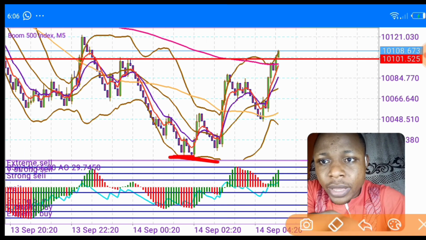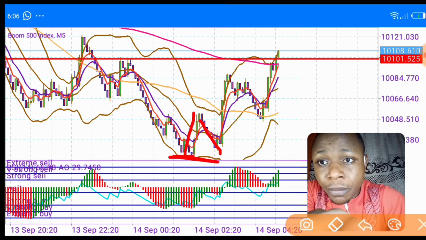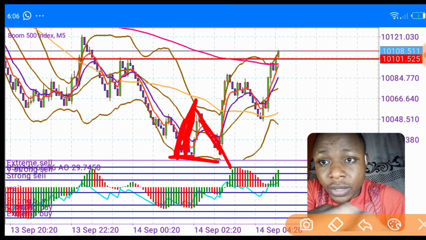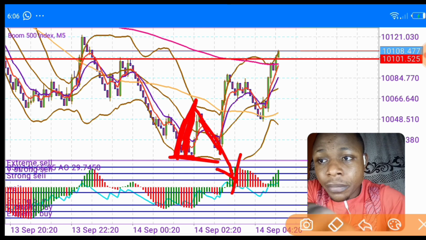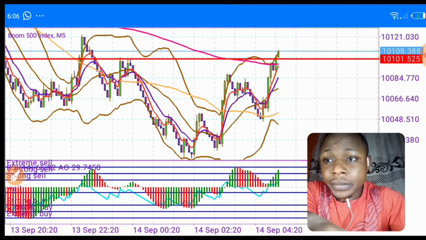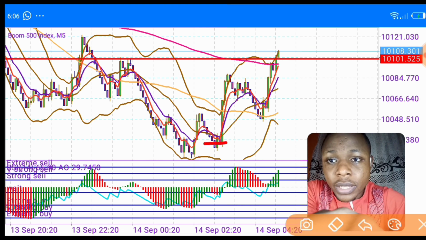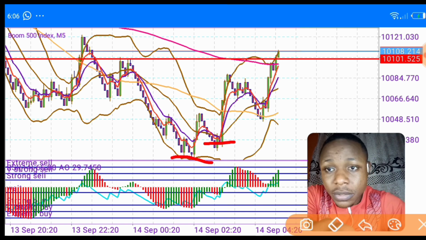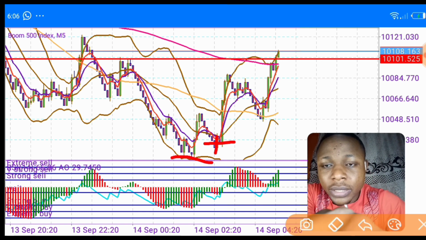It spiked here and it was selling again. Here it behaves like a pullback, now reversing again. But by the time it got here, not even getting to the previous support, it spiked again.